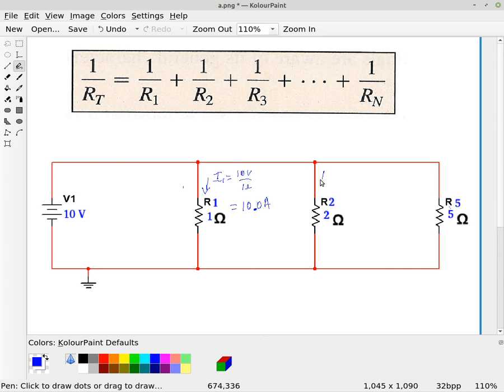The current I2, which is the current flowing through the resistor R2, is going to be the 10 volts divided by the 2 ohms of resistor R2, which is going to be 5 amperes. So it's 5.00 amperes.